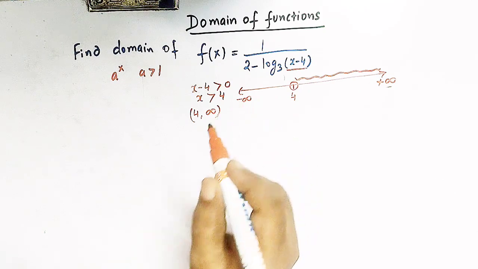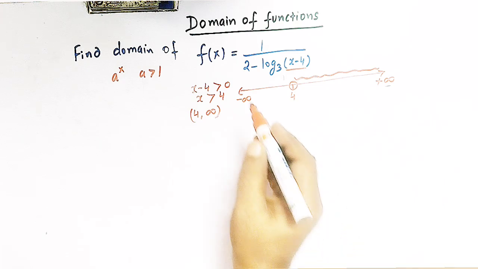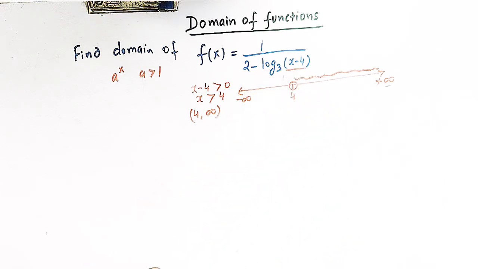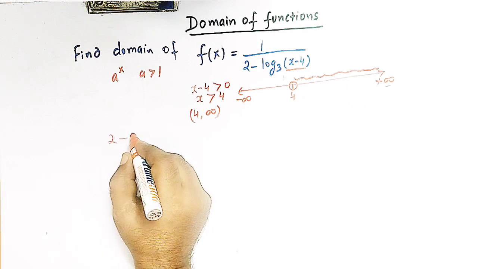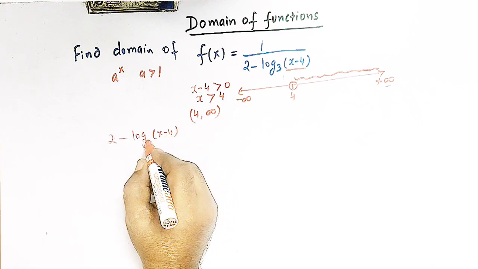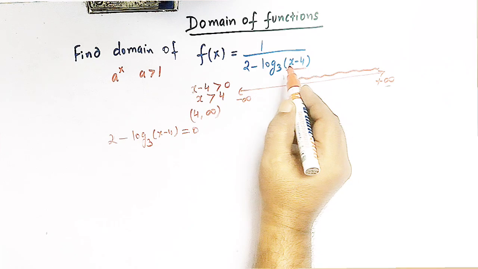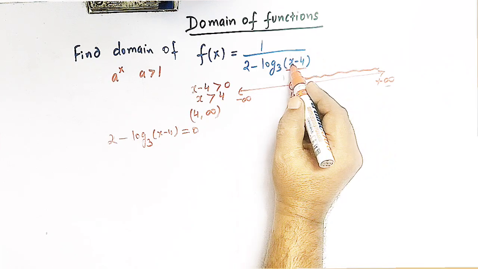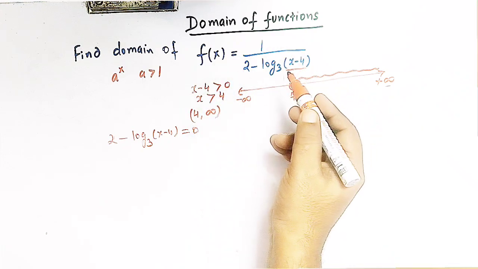Now let us consider the second condition. The denominator should not be equal to 0. So we should not have 2 minus log of x minus 4 to the base 3 equal to 0, because in that case the function f of x is not defined.